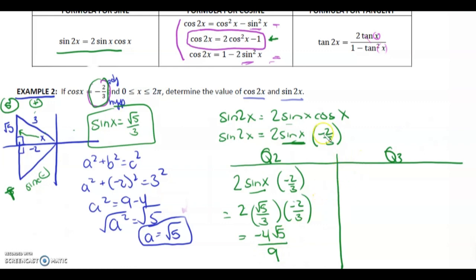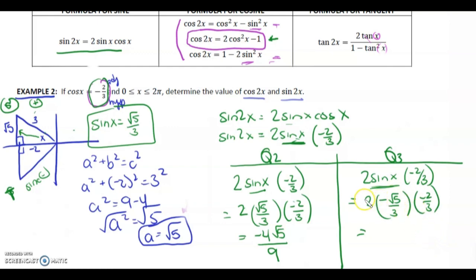Okay, now let's go to quadrant 3. I'm going to bring this down here again, 2 sine x, and then we know the cos x is negative 2 over 3. So this sine x here in this tan quadrant is actually going to be negative. So the same idea, we're going to have negative root 5 over 3 instead of positive root 5 over 3, and then negative 2 over 3.